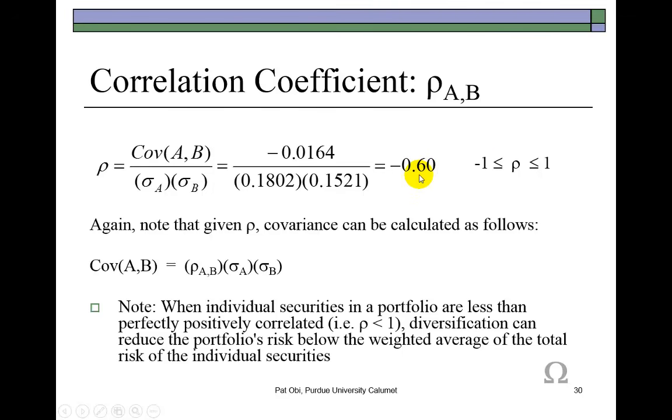So it's pretty close to negative 1, as you can see. So these two securities move quite a bit in very opposite directions. And again, remember that the more the correlation coefficient tends toward -1, the greater is the diversification potential of such a portfolio.